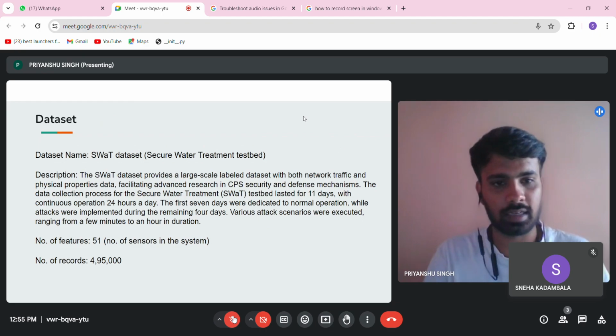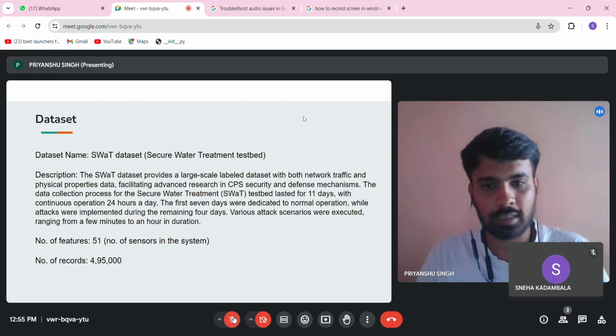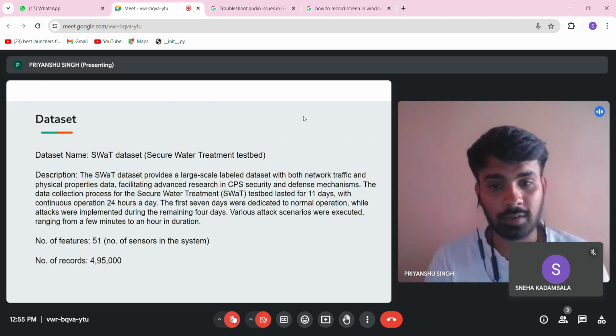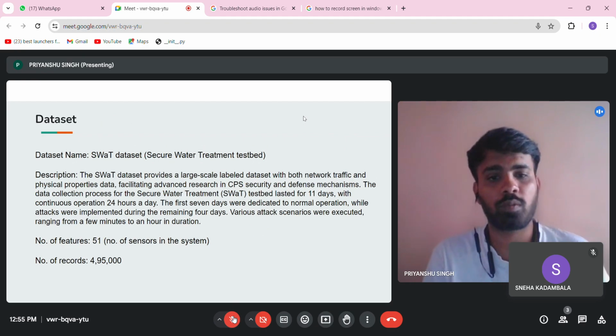The SWAT data set has 53 sensors in it, and the sensors are divided into six classes, and each class has five or six sensors. These sensors are taking time series data continuously, and this data set is collected over 11 days, which we are using for the training of our model.